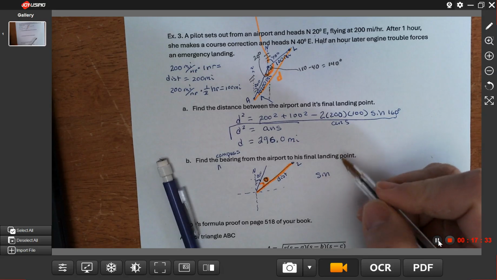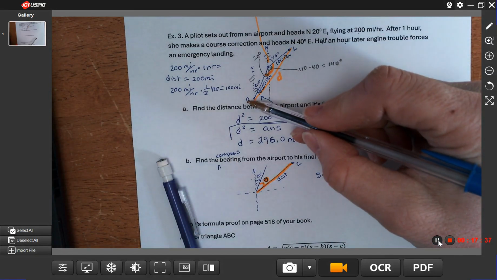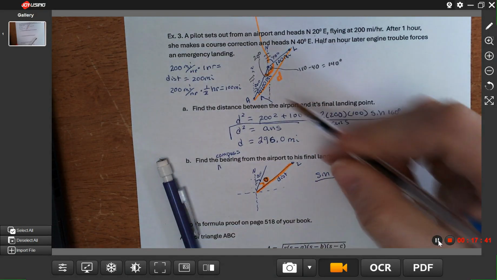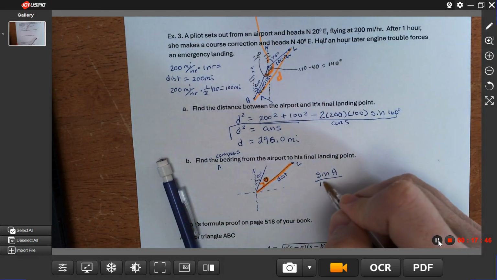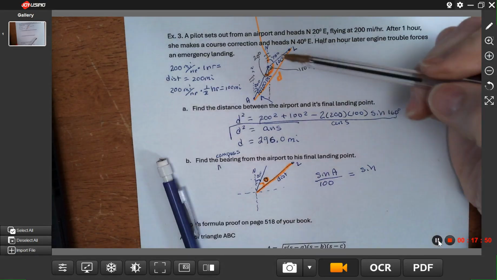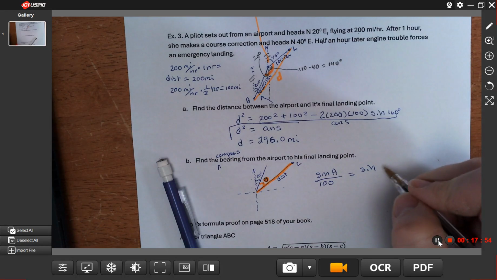So if I do sine of angle A, which I labeled A because that was the airport, over side A, which is opposite the airport, so that's the 100-mile side, equals sine of, we know these two, so we're going to use these two.